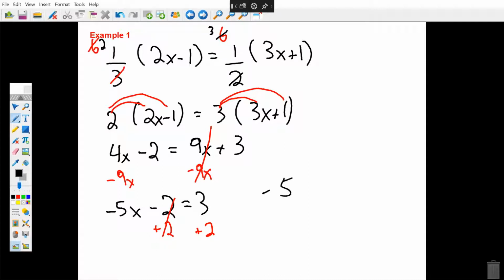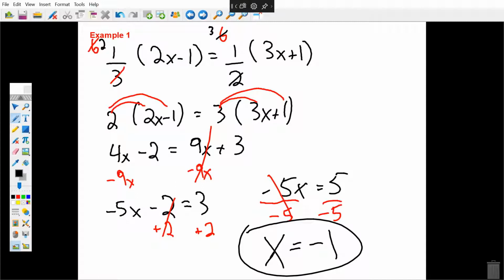Negative 5x equals 5. Now this is negative 5x. We have to get rid of the negative 5. The opposite of timesing by negative 5 is to divide by negative 5 on both sides, leaving us with x equals negative 1.